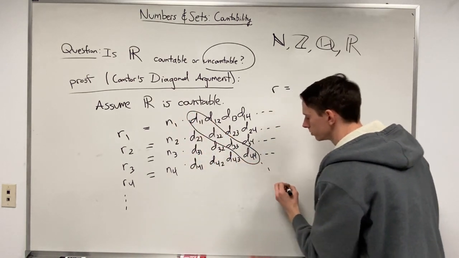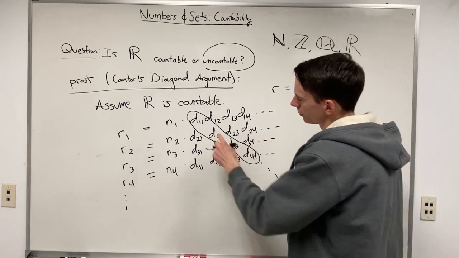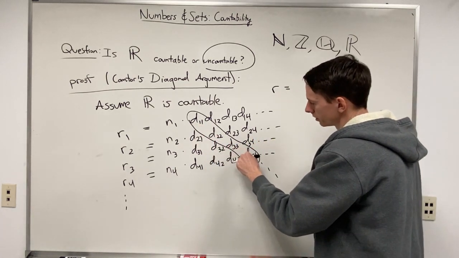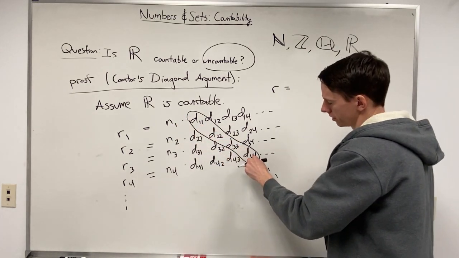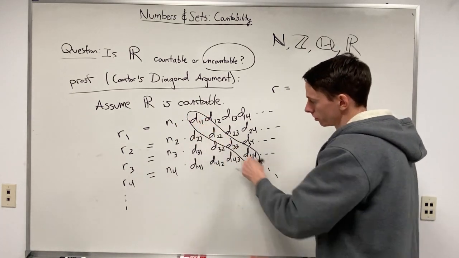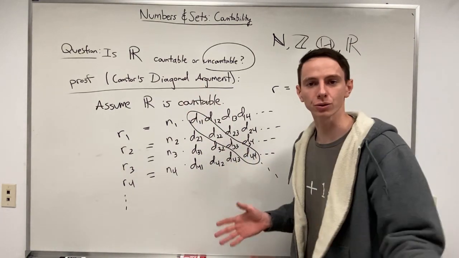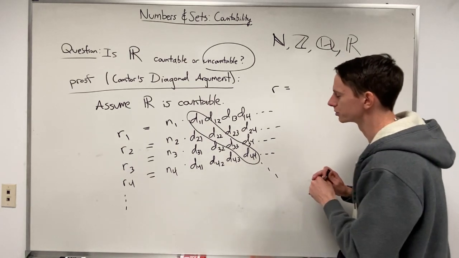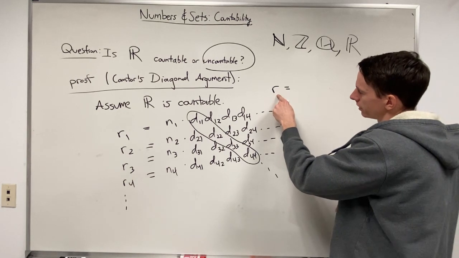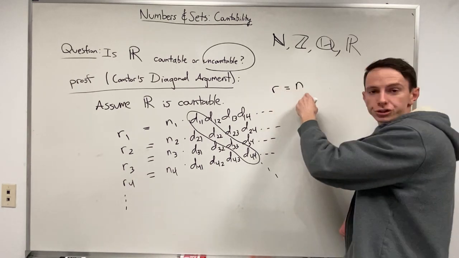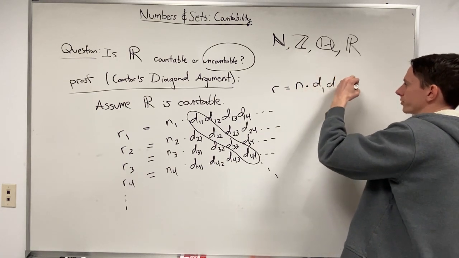where this bubble would continue on infinitely, and we were to look at all of the digits along this main diagonal, and I use main diagonal kind of like the main diagonal in a matrix if we're familiar with linear algebra. What we can do is construct a real number that has some integer before the decimal point and then some digits after the decimal.